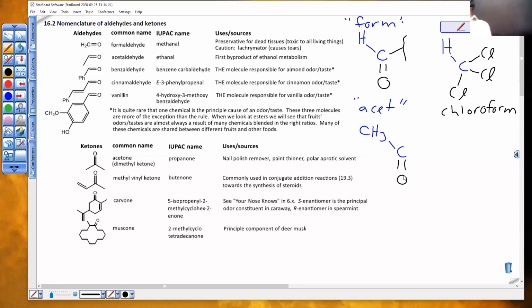And then attached to some entity, acete. And we saw even an exception to that back in chapter 7, where we had CH3 attached to a C, and, well, not really.